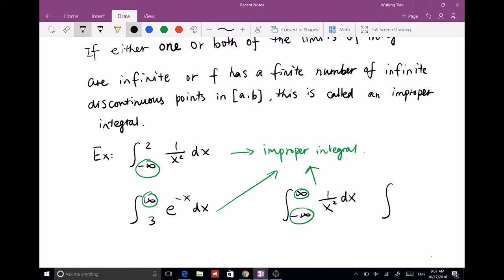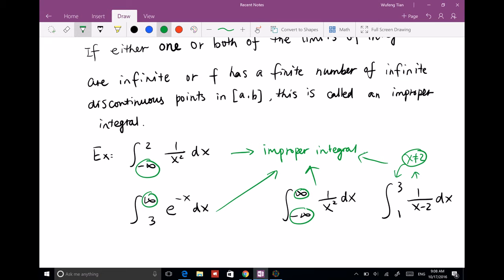Or you have the integral from 1 to 3 of 1 over x minus 2 dx. Well, when x equals 2, it is undefined. x cannot equal 2, but x equals 2 is between the boundaries, in between 1 and 3.